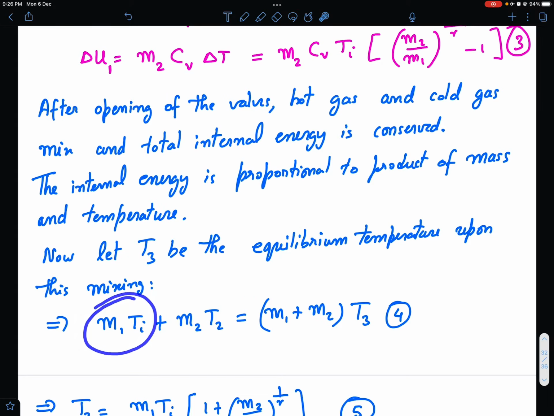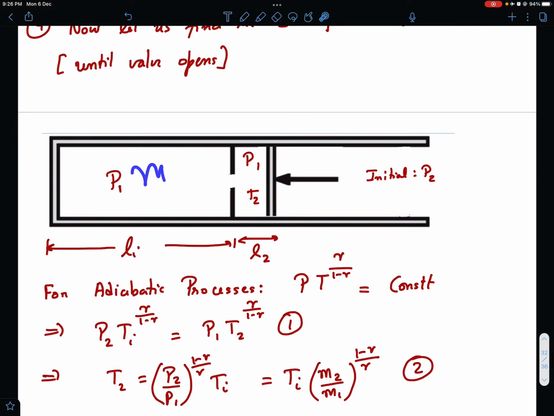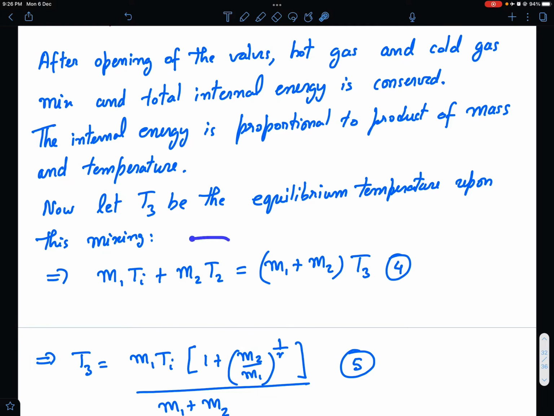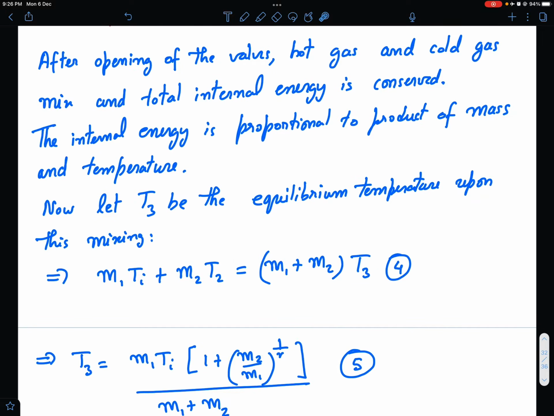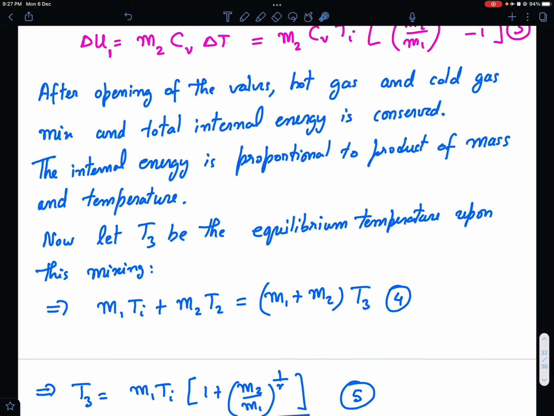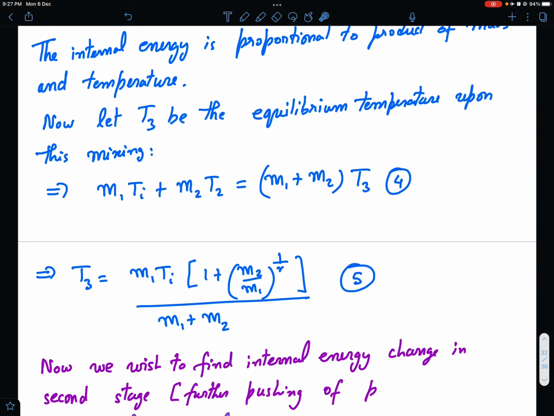So I can say that M1 into Ti, since the left chamber mass is M1 and the temperature is Ti, and here the mass is M2 and temperature is T2. So M1 into Ti plus M2 into T2 must be equal to M1 plus M2 into T3, where T3 is the temperature after mixing.